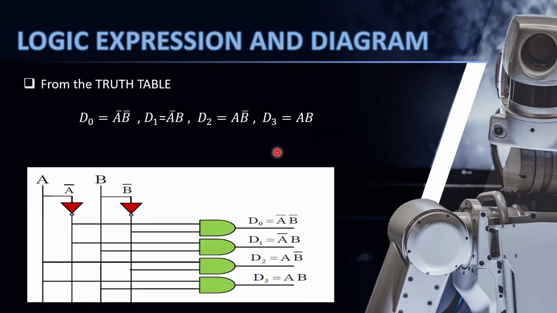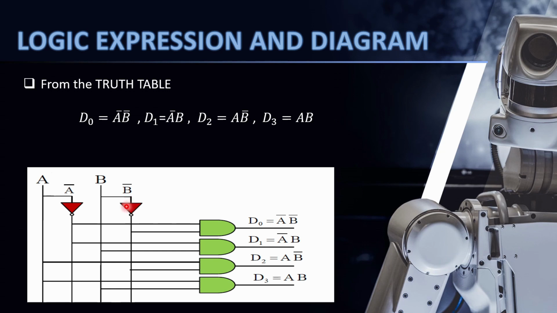So we can now see the logic diagram here. A and A bar are represented here, and a NOT gate gives you the complement of A. If you put a NOT gate across A, it will give you A bar, and likewise a NOT gate across B gives you B bar.